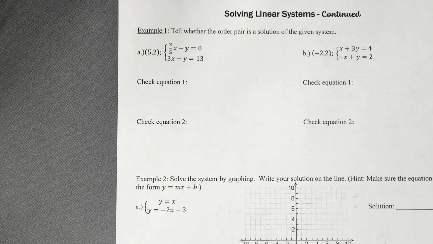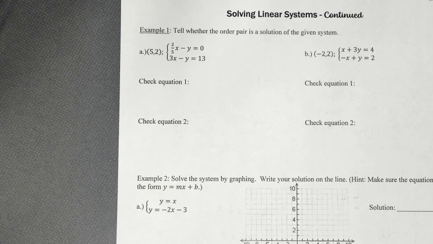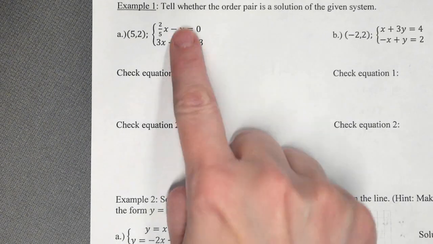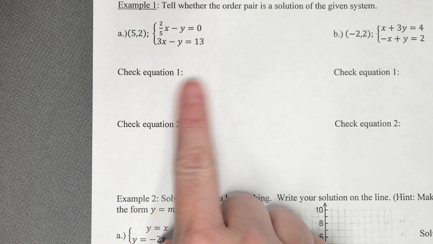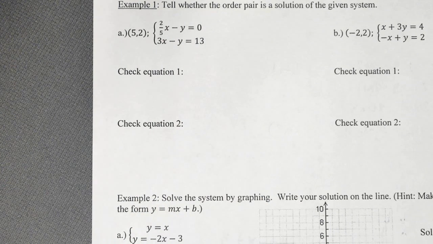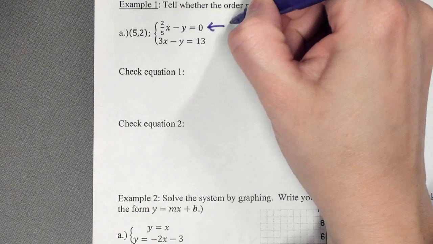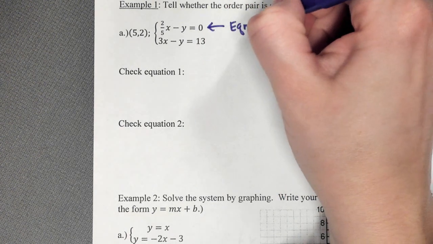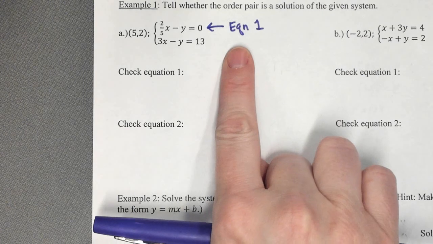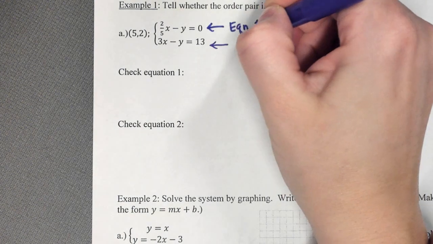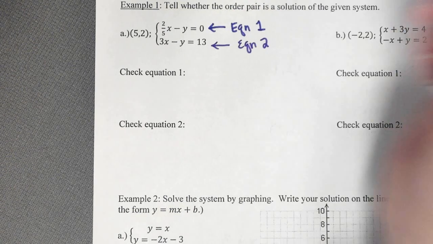I know that's new for us. So a system of equations has two equations. We're going to check equation 1 and equation 2. Okay, so the top one, this is equation 1. I'm going to be abbreviating equations like this. And this is your equation 2.